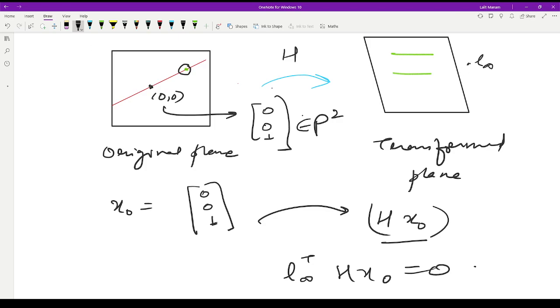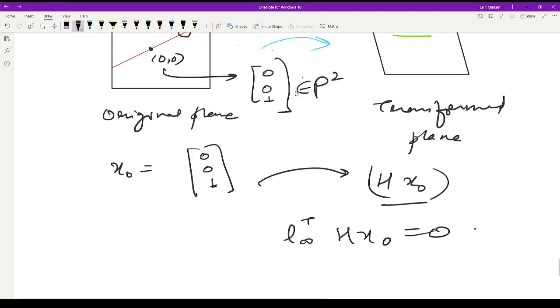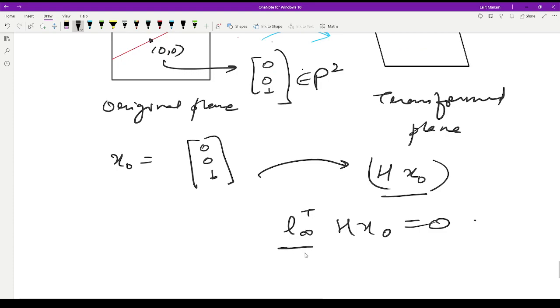Why? Because this specific point, the origin, lies on the vanishing line. Since it is on the vanishing line, there exist some parallel lines in the transform plane which meet at infinity. So given that we know this, our equation should be satisfied like this, right? The line at infinity should satisfy the transformed point.